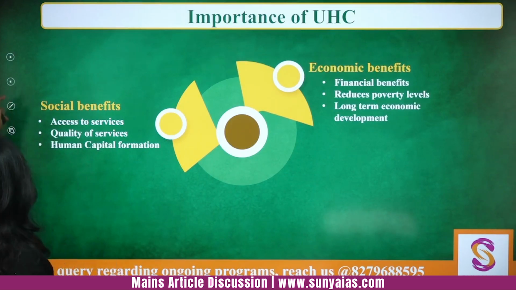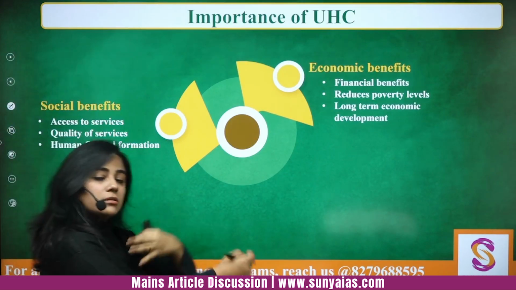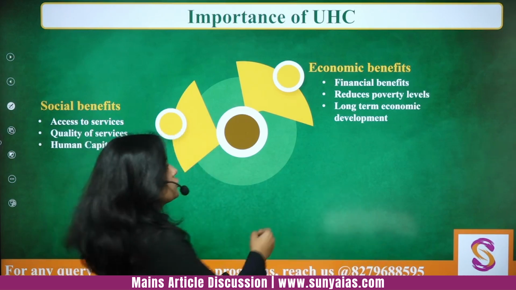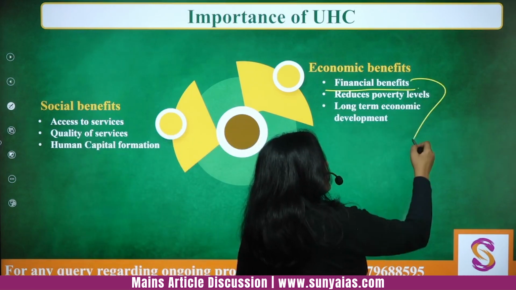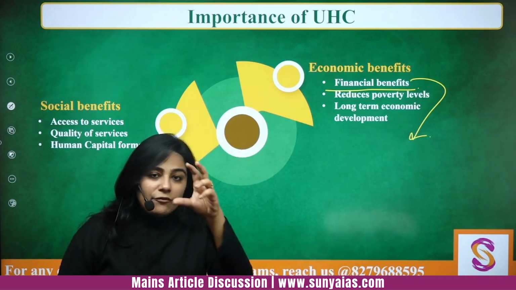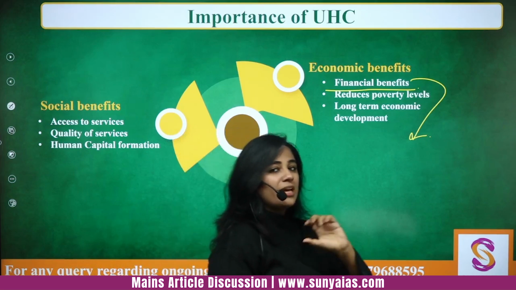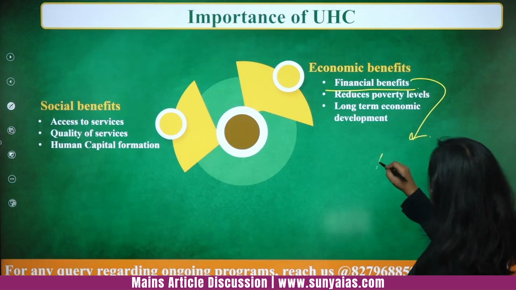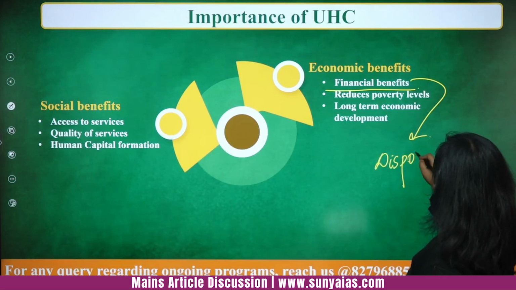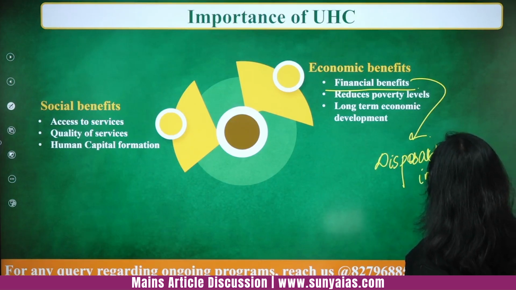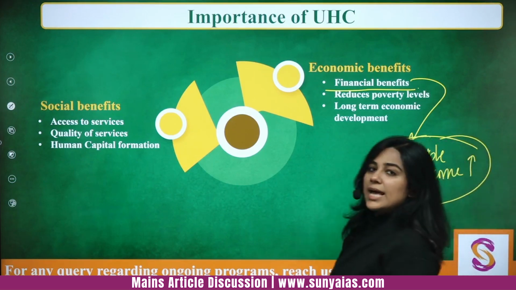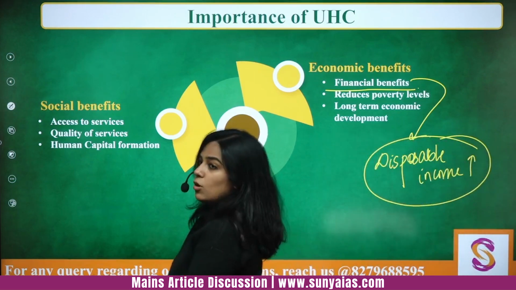Economically, the social benefits will give a domino effect. So financial benefits will come up. When people have to spend a lesser amount on their medical expenses, their disposable income rises. Fine. Their disposable income rises. And when their disposable income rises, the economy also booms a lot.